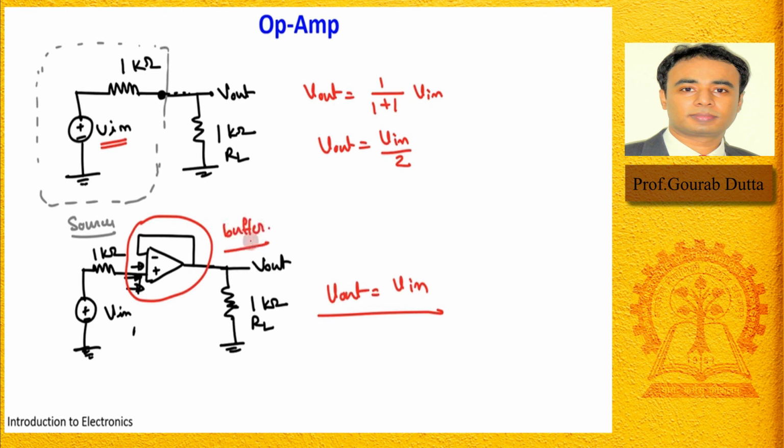So even though the gain of this buffer is actually 1, this buffer can be used as an impedance transformer, right? And if you have to separate this side and this side, isolate these two sides, then you can use it, right?